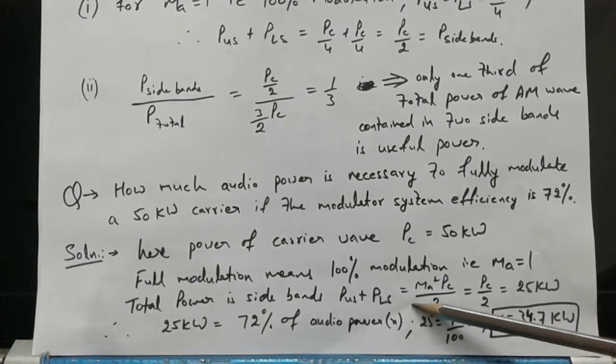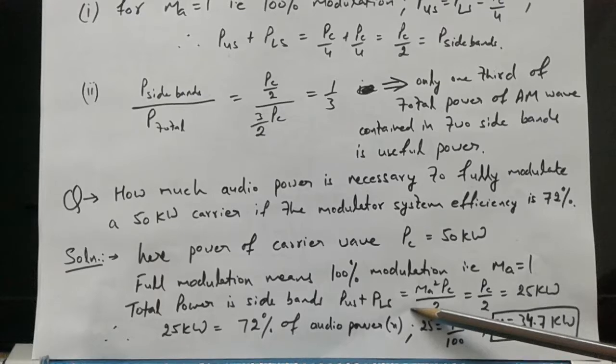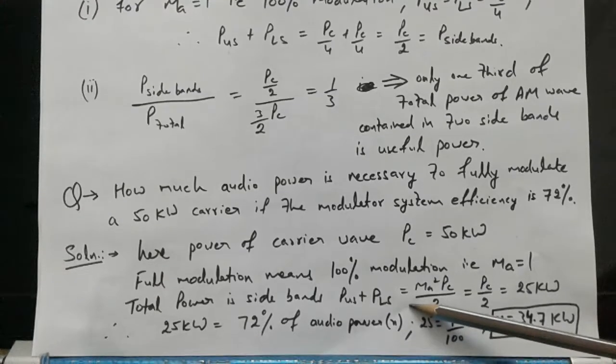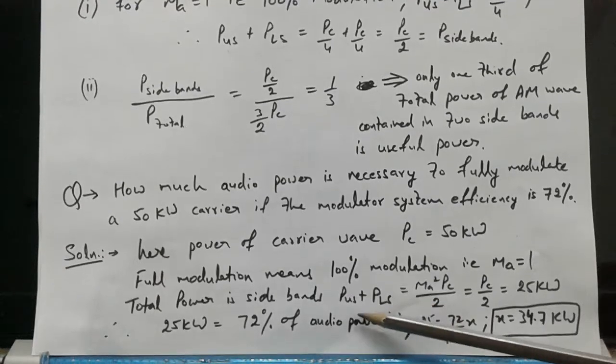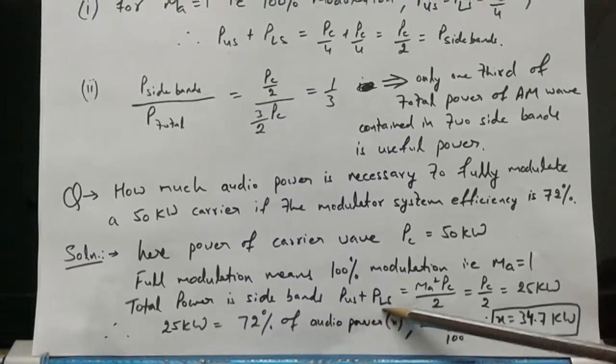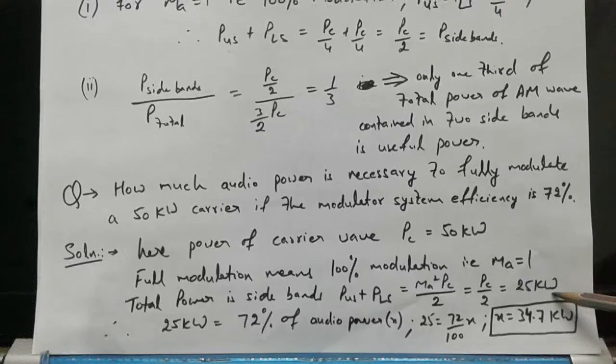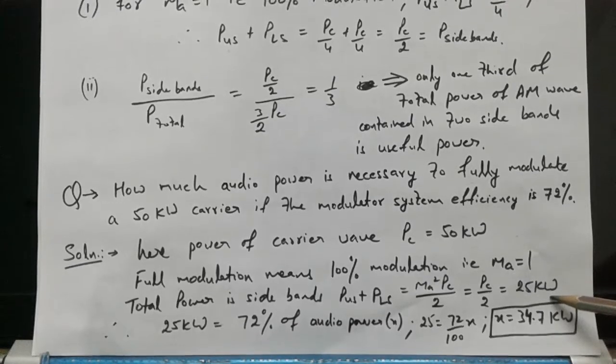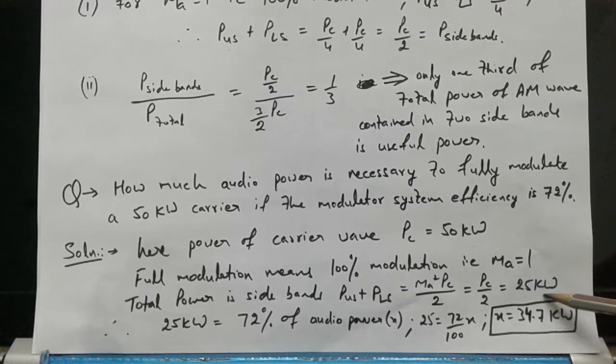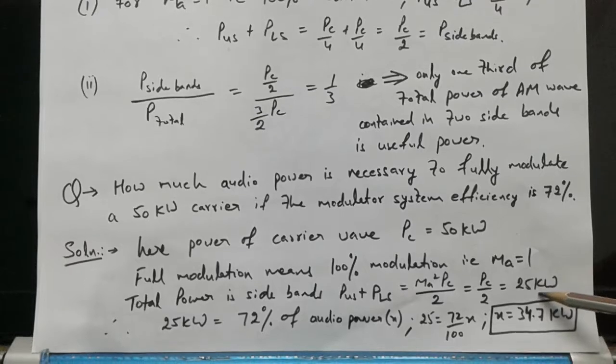So from here, using the expressions which we have derived in the previous article on power, you can find the total power in the sidebands, it is equal to 25 kilowatt. Now this is the only useful power, as I've said before.